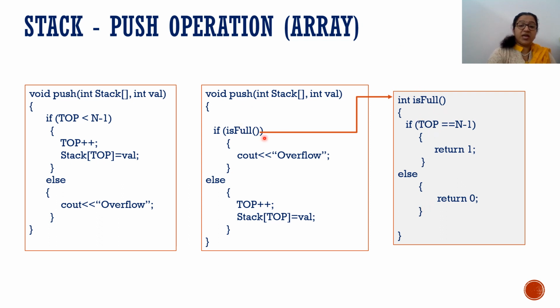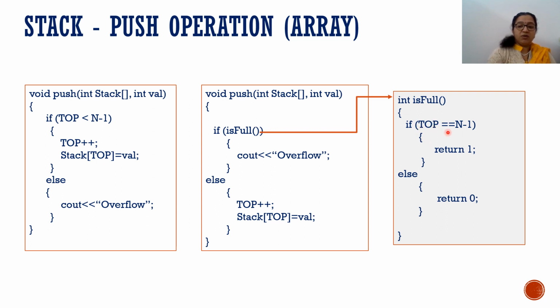So this also we can apply on this. Otherwise, this checking we can write in the push function itself. So if you do it in the function itself, just if top is less than n minus 1, top plus plus and stack of top is equal to val, else overflow. But here for this condition, we are calling that function isFull. So in isFull function, we are putting that condition.